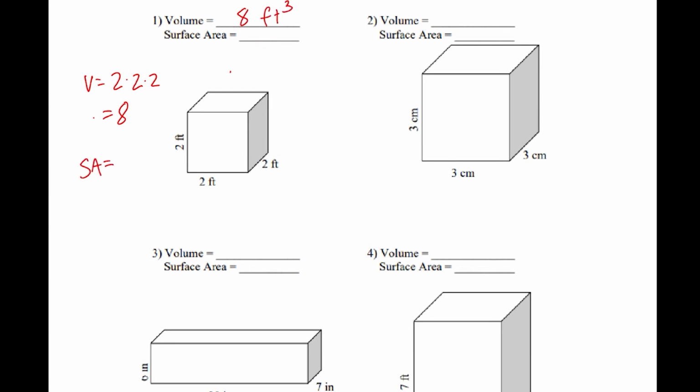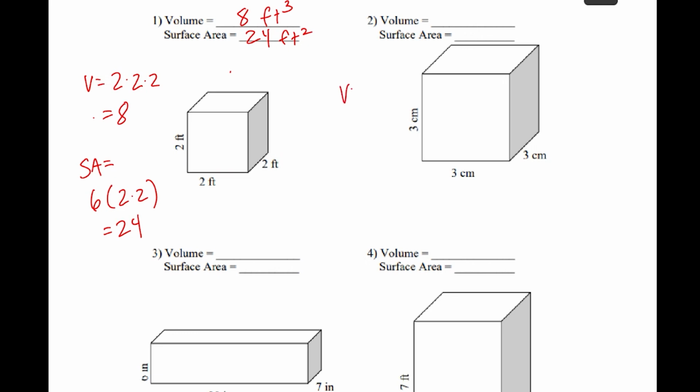And the surface area, now here, before we had done 2 times all 3 of the unique sides. But since a cube has 6 identical sides, we can just find the area of one side, which would be 2 by 2, and multiply that by 6. And that's going to give us 24 square feet. So if you happen to notice that you have a cube, you can take a few shortcuts here.